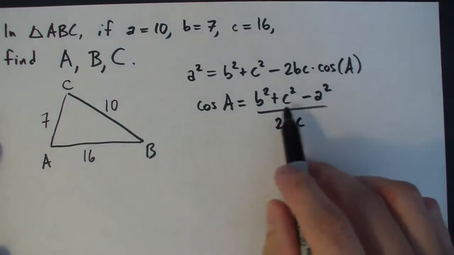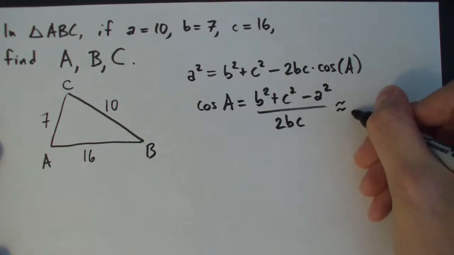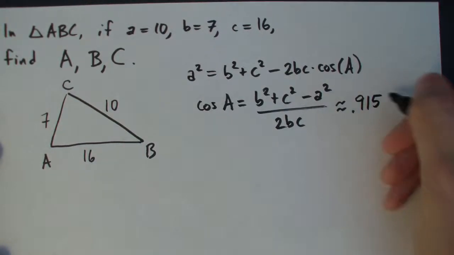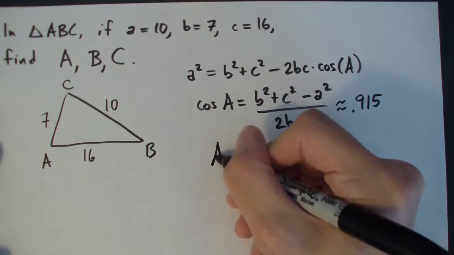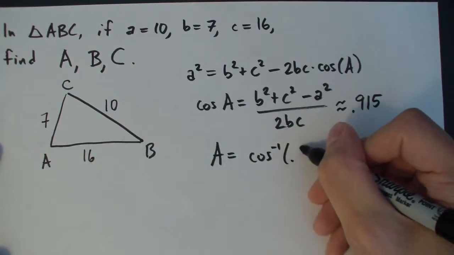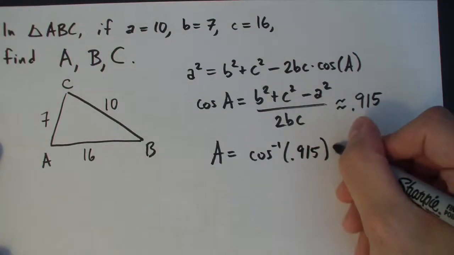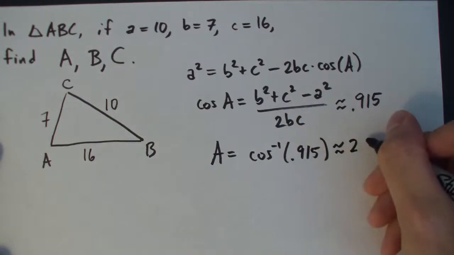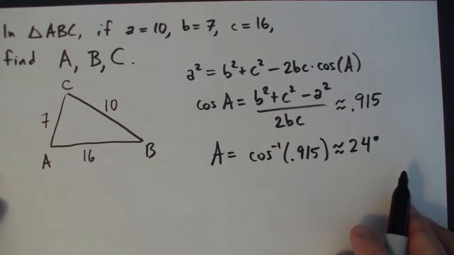And when we plug in the values we know for A, B, and C, we find that this is 0.915. So now from that we can find what A is by just taking the inverse cosine of 0.915, and what that comes out to be is approximately 24 degrees. So that's what A will be.